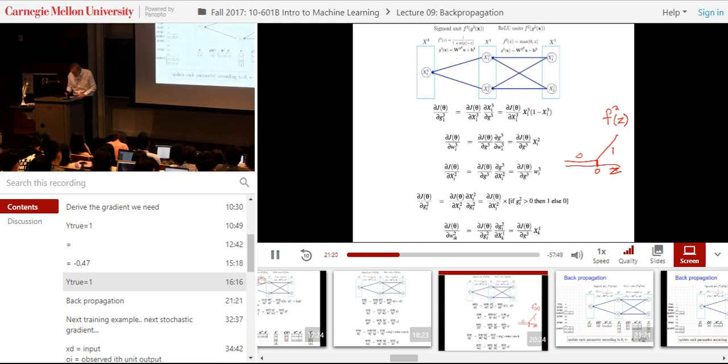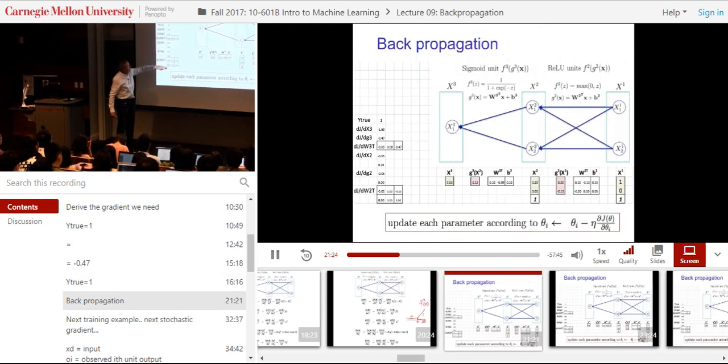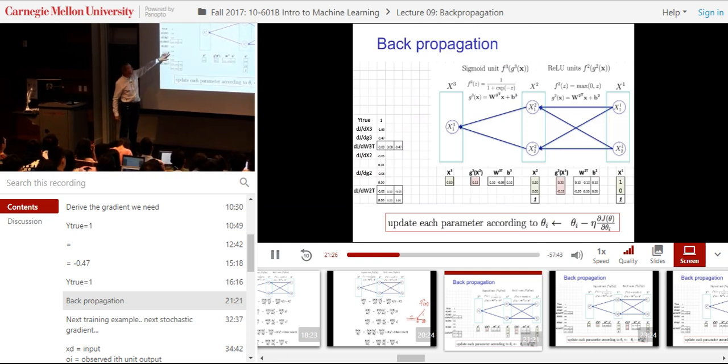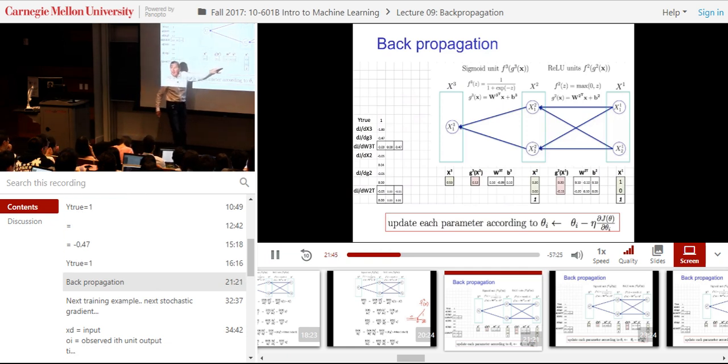Okay, so now we've got all of the derivatives. In fact, here they all are, calculated number-wise. These are the ones we just got, the derivative of j with respect to x3, the output, all the way down to here. And so now the update is very simple. What do we do for gradient descent? We add to the current vector of parameters the vector of partial derivatives.